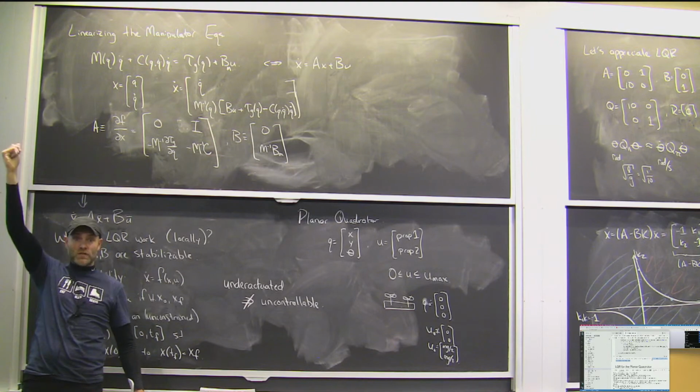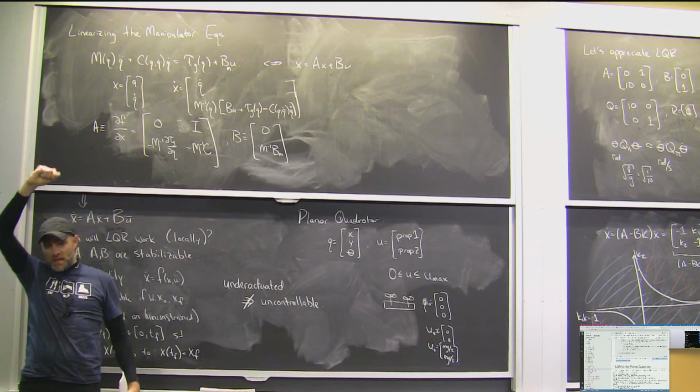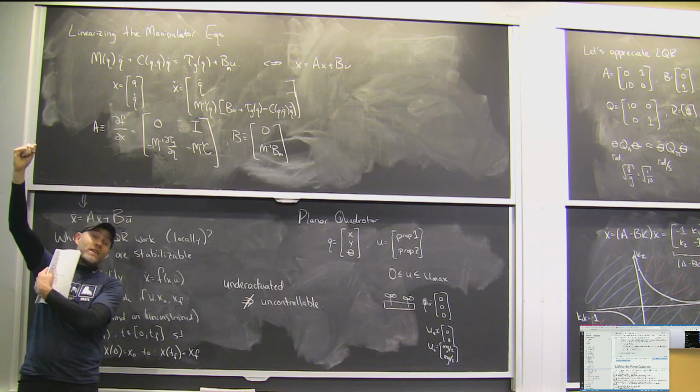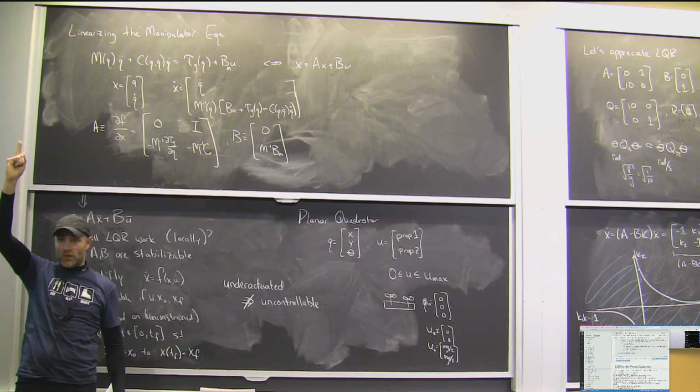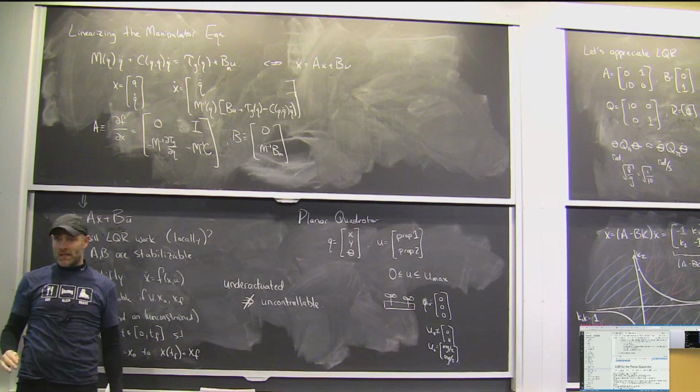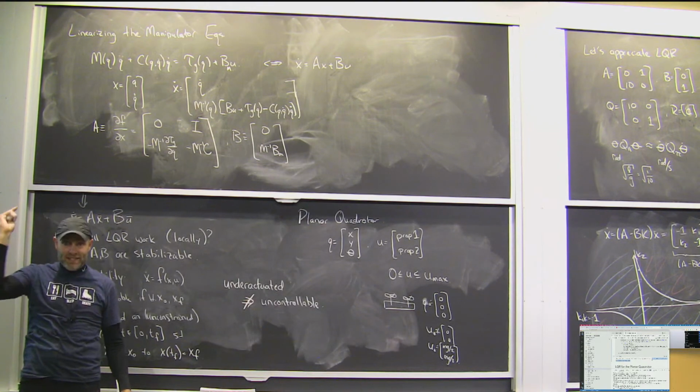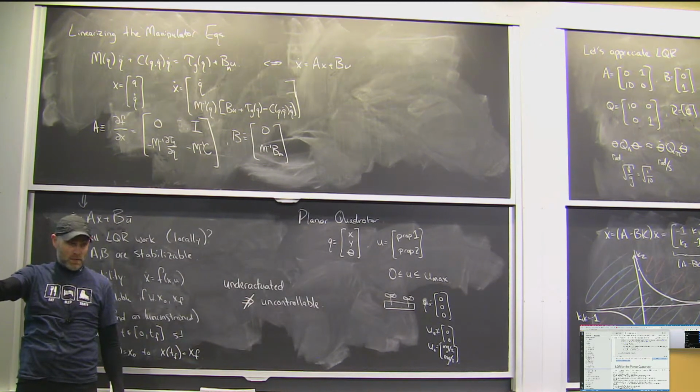I can find control inputs that mix the regulation of this and this state variable, even though I only have one control input. Those are not the same ideas. Underactuated means I can't instantaneously control both of them. Controllability says over time, can I control both of them. All of the examples I showed you today are controllable, but they are underactuated.